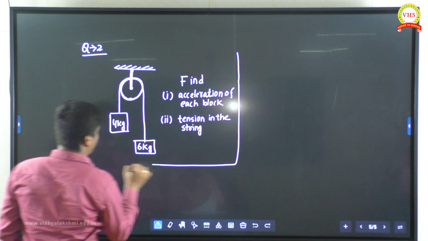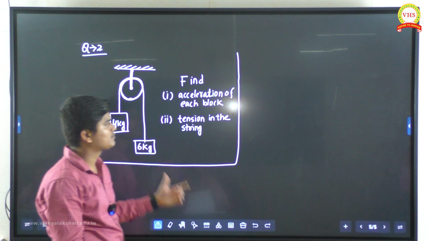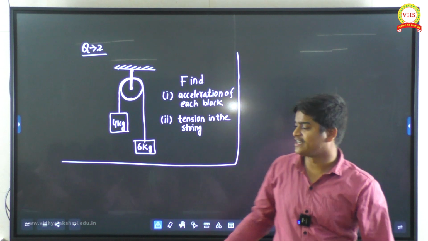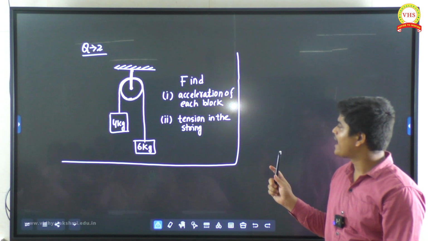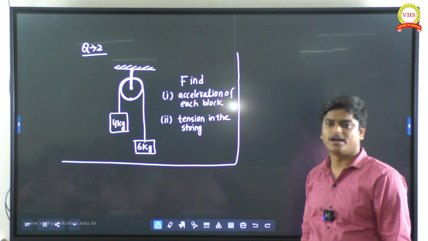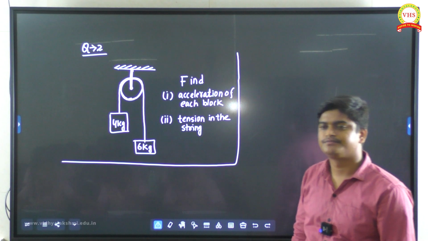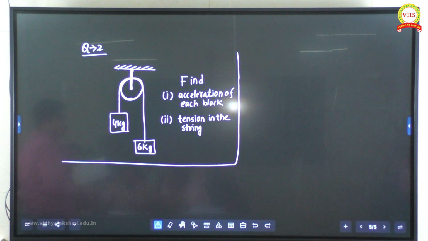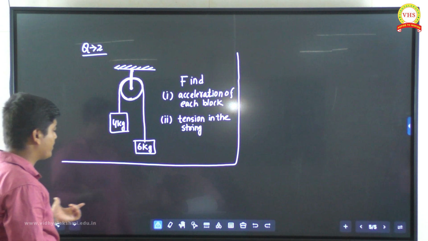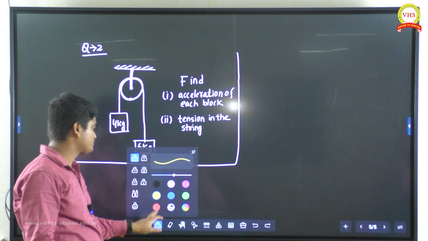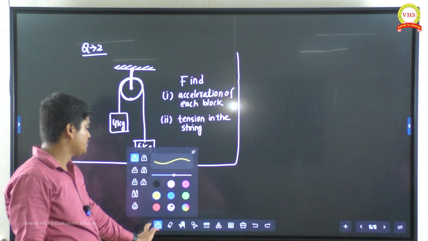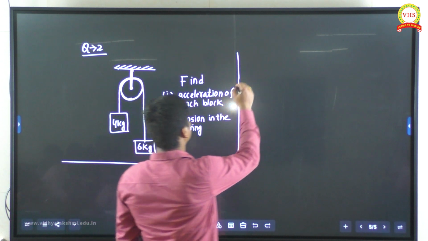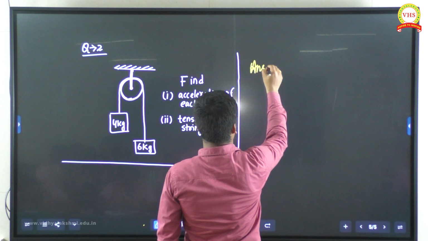So this is what you have to find here. This is the question. Find the acceleration of each block and the tension in the string. Clear? Okay. Note it down. You can use the direct formula and you can get the answer.